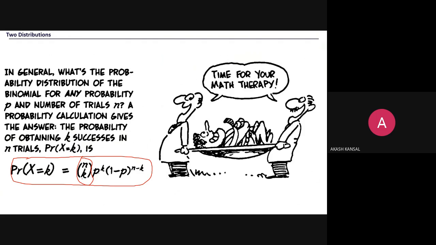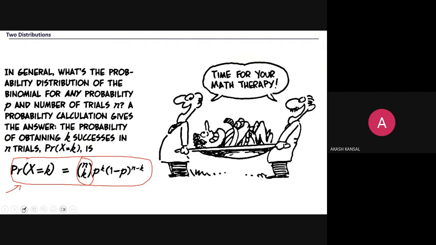This is NCK, just another representation of NCK, into P to the power K into 1 minus P to the power N minus K. So this is the formula for getting K number of successes in any Bernoulli trial. When we repeat it, we get a binomial distribution, and this is the probability of getting K successes.